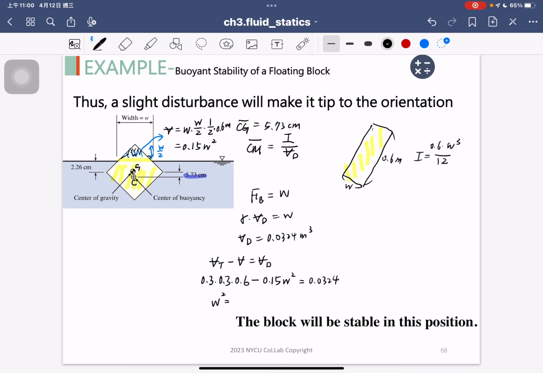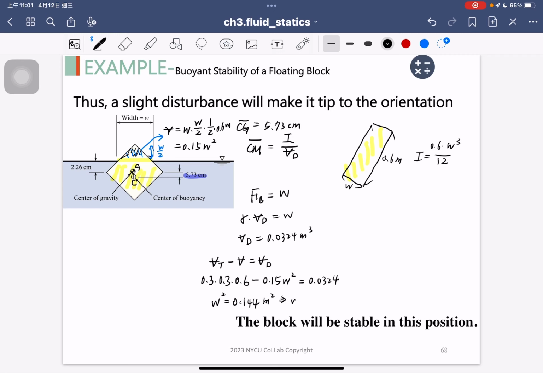So based on my calculator to compute the answer: 0.3 multiplied by 0.3 multiplied by 0.6, minus 0.0324, and divided by 0.15, it will equal 0.144 square meters.